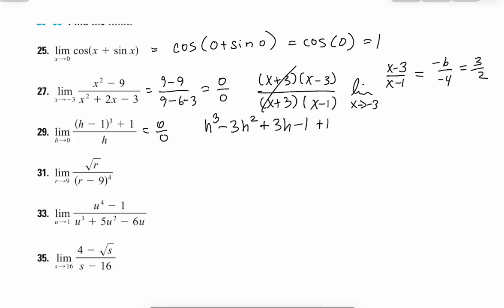And then we have that plus 1 there all over h. Does that look familiar to you? The difference quotient should always cancel and reduce. That's what's going to happen here. The 1's cancel out. Now everything is divisible by h. We're going to take the limit as h approaches 0 of the reduced version, h squared minus 3h plus 3. And then the answer is 3.